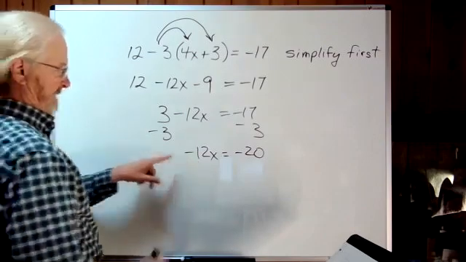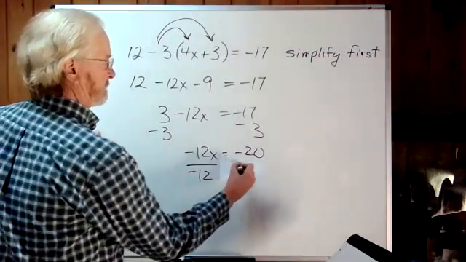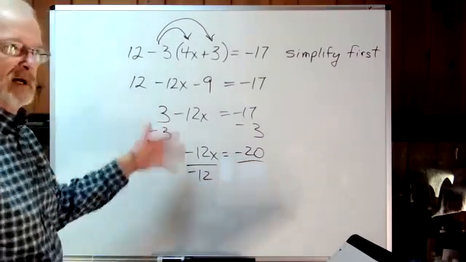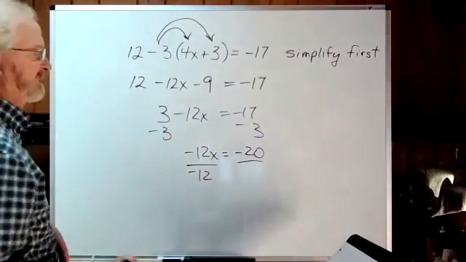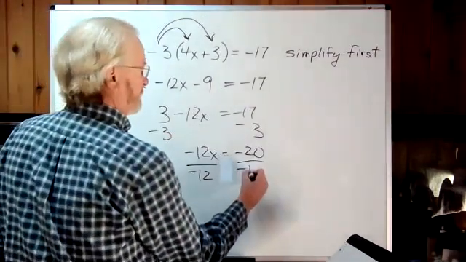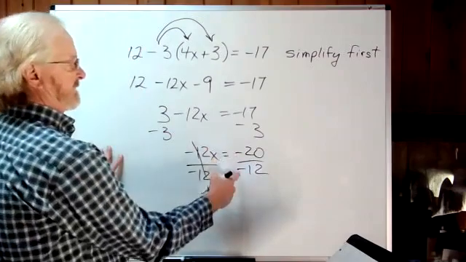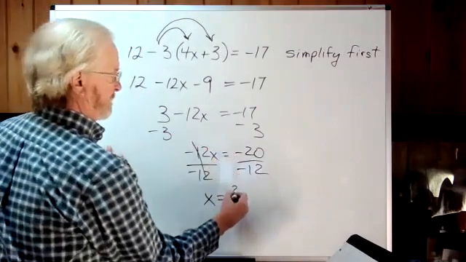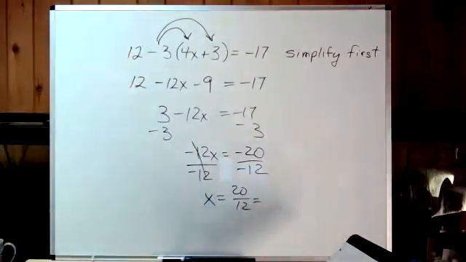Divide. If I have a negative, I want to divide by a negative. Negative divide by negative. Notice I'm just dividing by how many, the coefficient, not dividing by x's. That would get rid of the x's. But that cancels there. Negative divided by negative is positive 20 over 12. And yes, reduce to lowest terms.